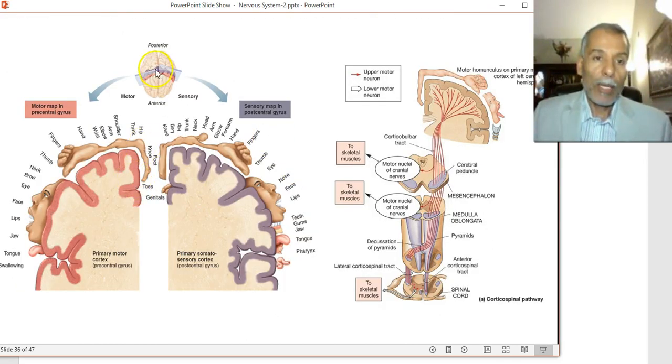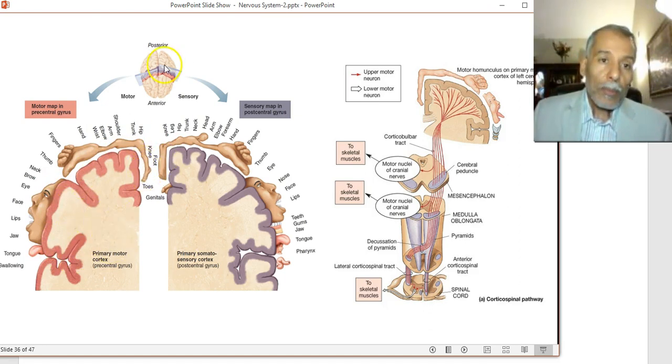If you take that structure here and slice it all the way down, you are looking at this structure here. So you can see that's between the right hemisphere and left hemisphere. As you go from here to here, you can see the gray matter, which is the cerebral cortex. Beneath it you see the white matter.